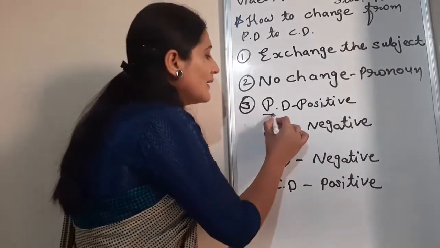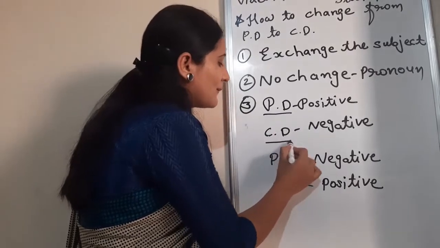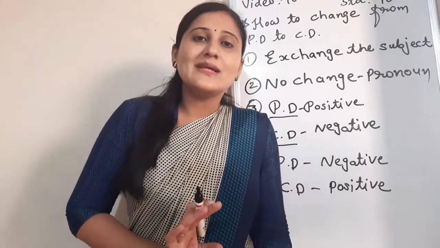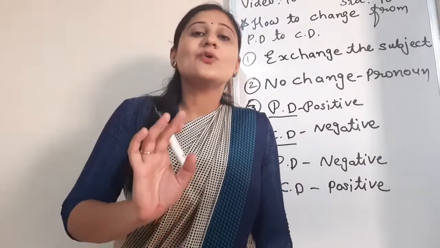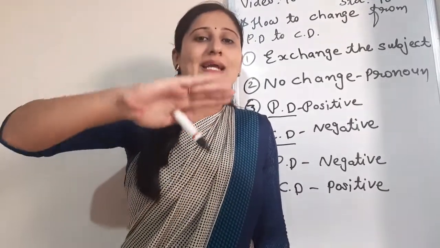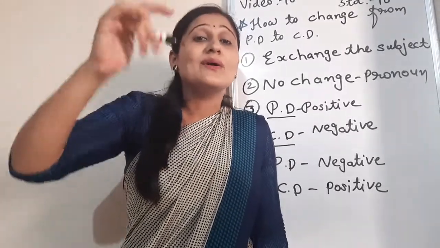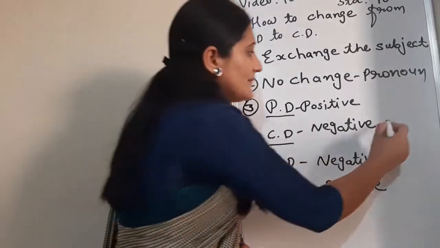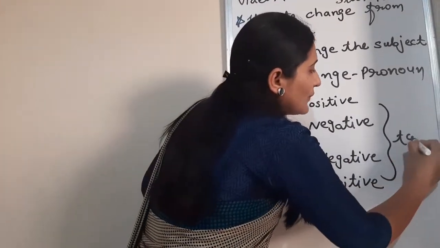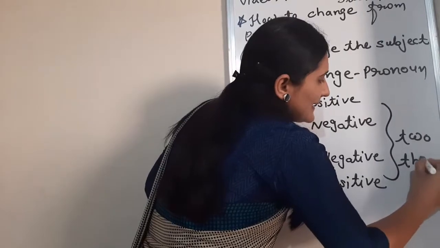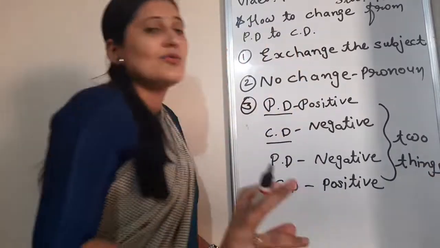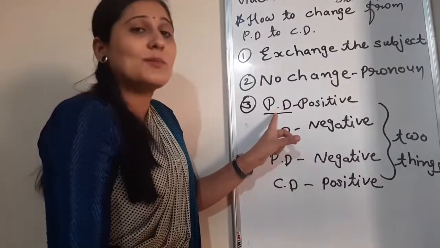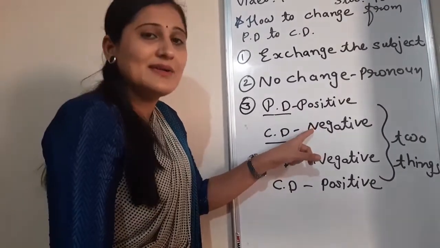Keep in mind only in positive degree and comparative degree. You will check it out: positive, negative, negative, positive. But one more confusion in that also, that this is for two things. For example, if a sentence of positive degree is given, positive, then we will turn it to negative.